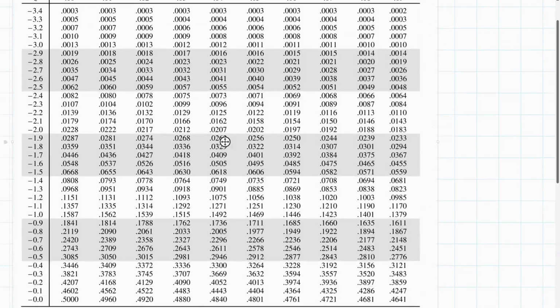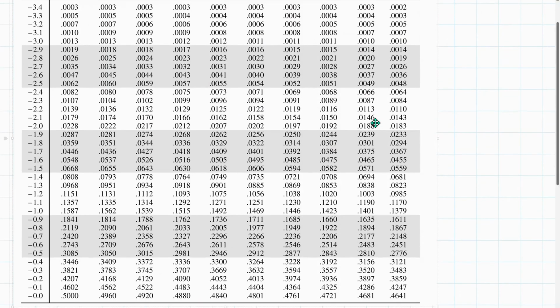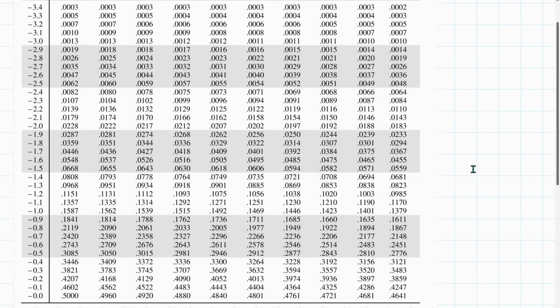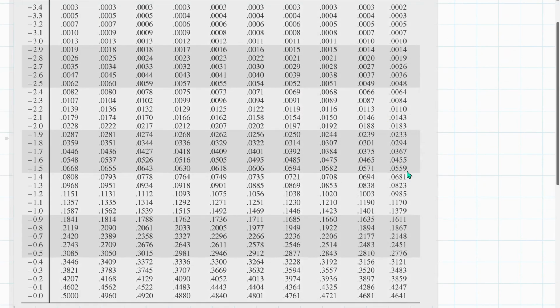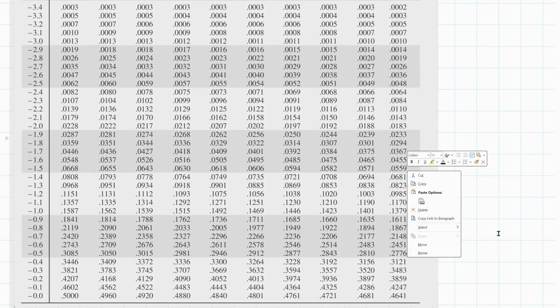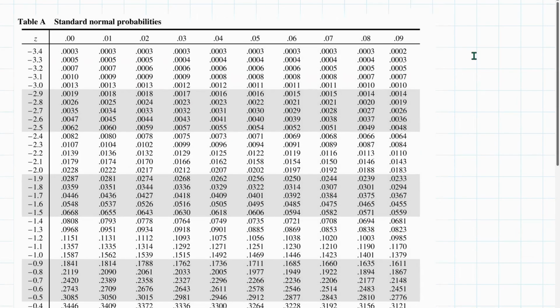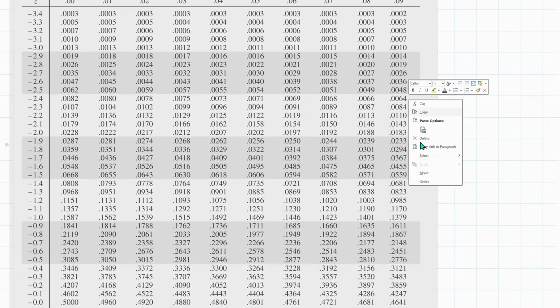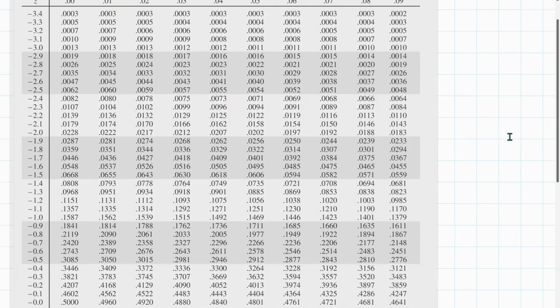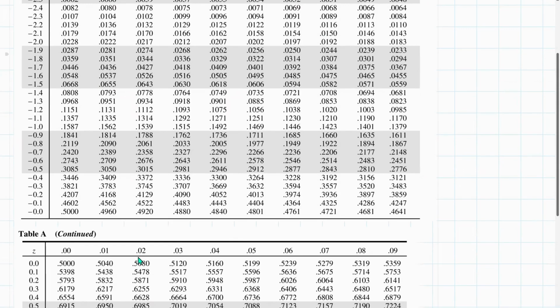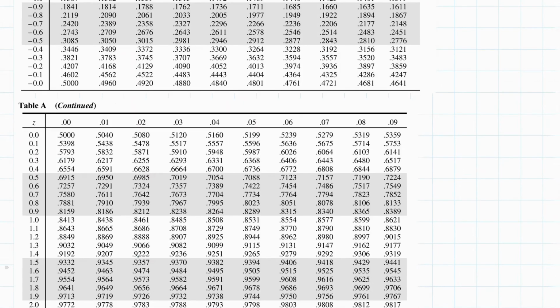All right. With the entire table, when we look at it, we have to find the 0.08.